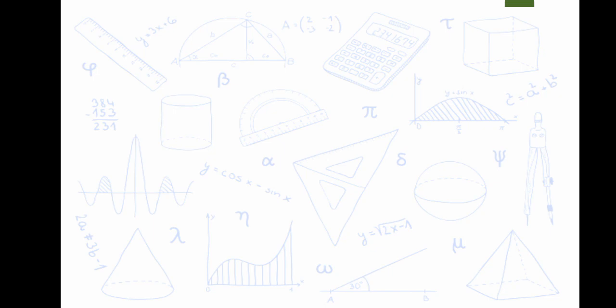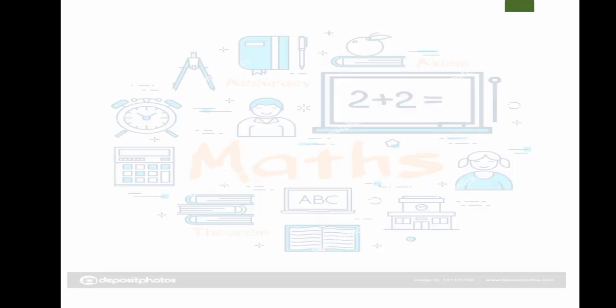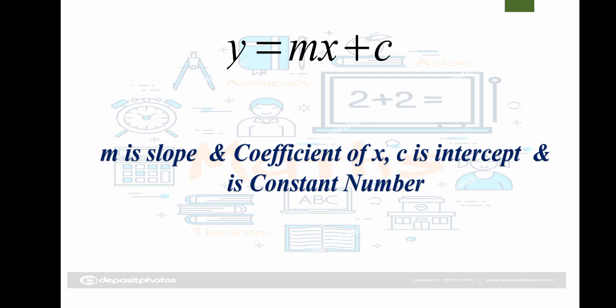Today we will discuss chapter number 8, linear graph and applications, exercise 8.1, question number 4. Before going towards question number 4, we will discuss one equation, that is y is equal to mx plus c, where y is the variable, x is the variable, and m and c are the new terms used in this equation.